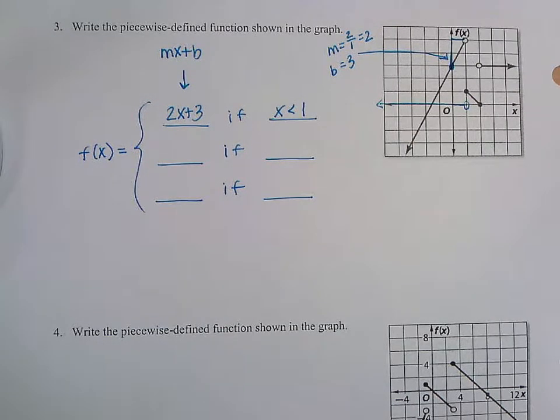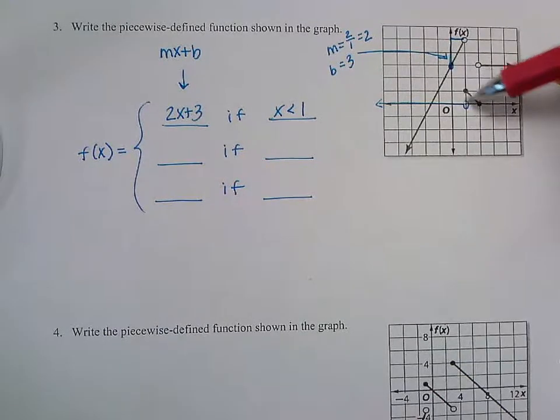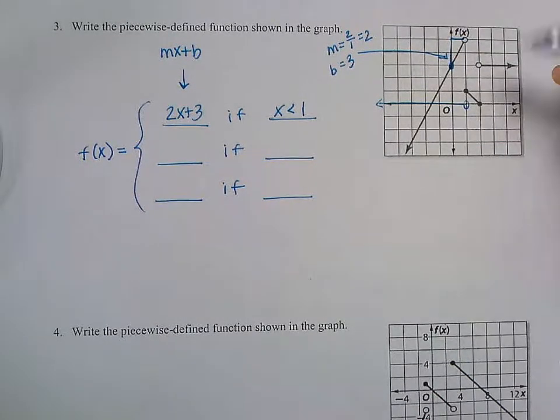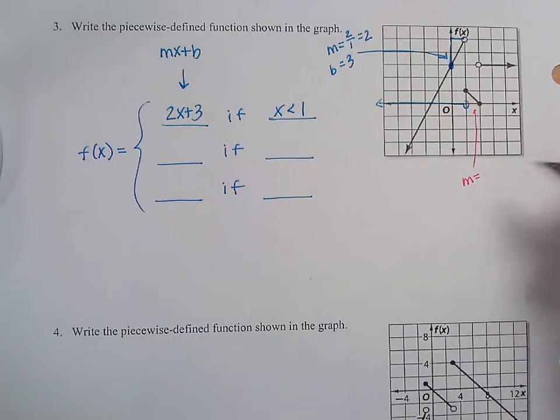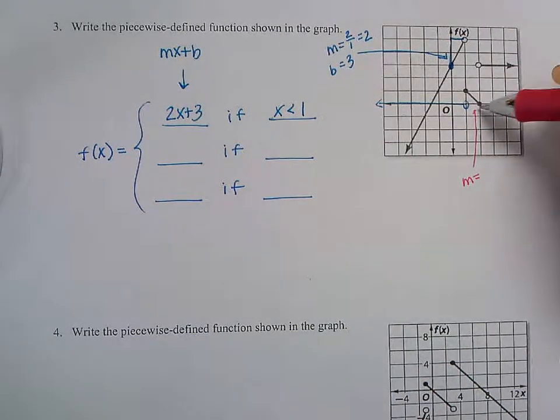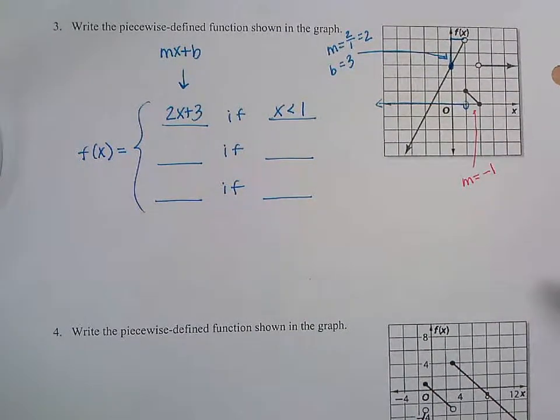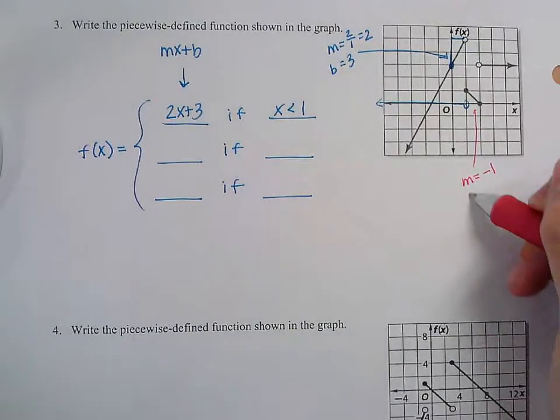Okay, now I'm going to do the middle segment here. So for that middle segment, what would you say the slope is? I heard 1 and I heard -1. -1 because it's going down. You're going down 1, right 1, so it is -1. And then y-intercept.